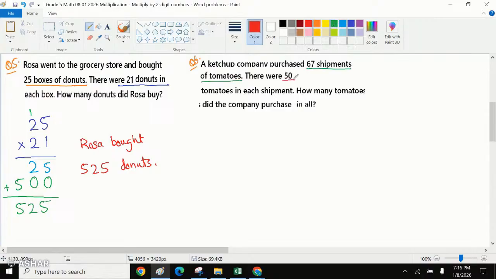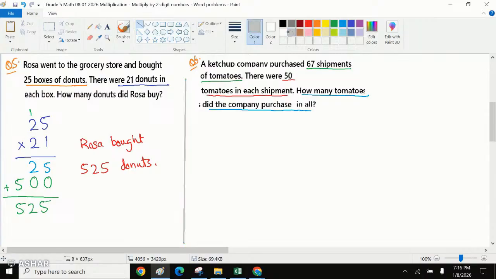There were 50 tomatoes in each shipment, right? And what we need to find is how many tomatoes the company purchased in all. We need to find the total number of tomatoes purchased by the company, depending on the shipments and the quantity per shipment, right?